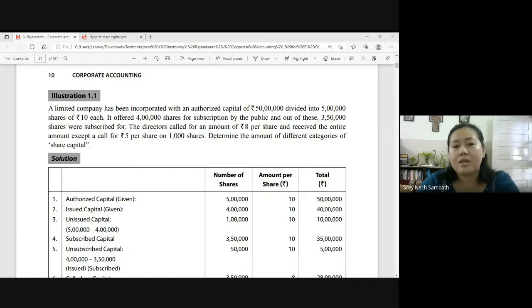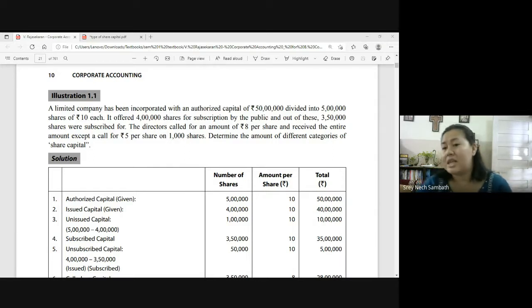The directors called for an amount of rupees 8 per share and received the entire amount except a call for rupees 5 per share on 1,000 shares. So determine the amount of different categories of share capital.